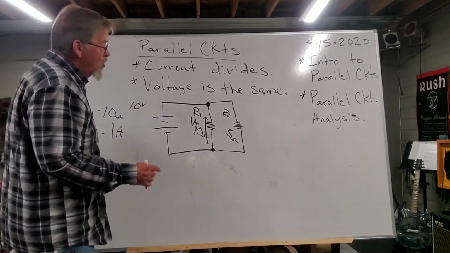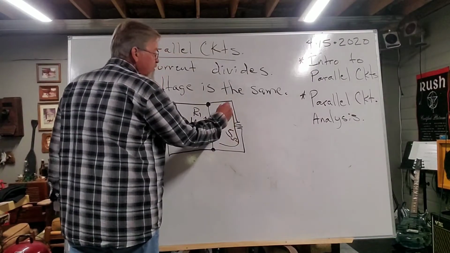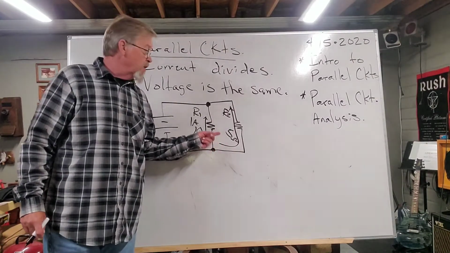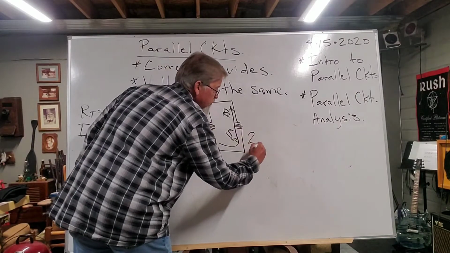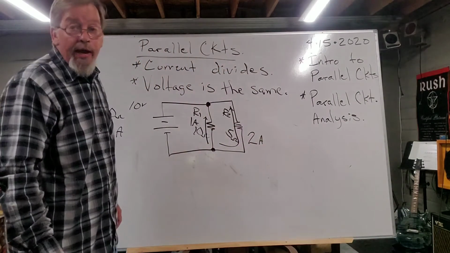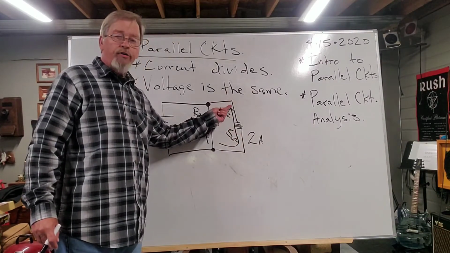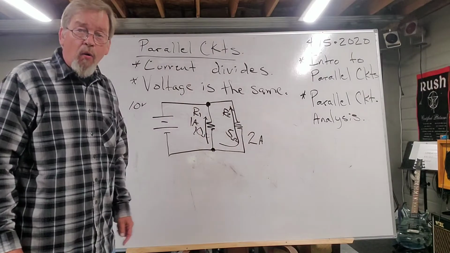But now, looking at it over here in R2, I got 10 volts and a 5 ohm resistor. So 10 volts divided by that 5 ohms gives me the 2 amps. Okay, now I got 2 amps coming through R2. Still got the same 1 amp going through R1.